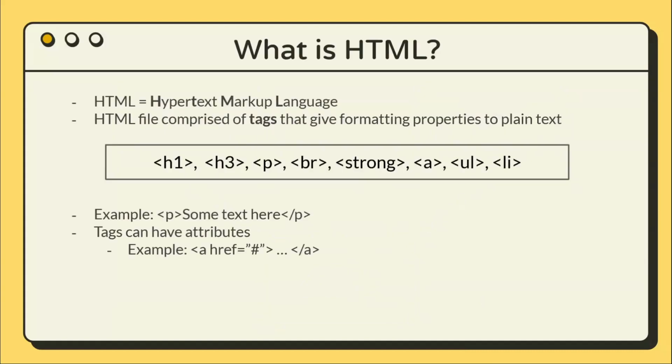So first, to talk about HTML. HTML stands for Hypertext Markup Language. An HTML file is a plain text file comprised of tags that give formatting properties to the plain text information. You might almost think of an HTML file as a newspaper.